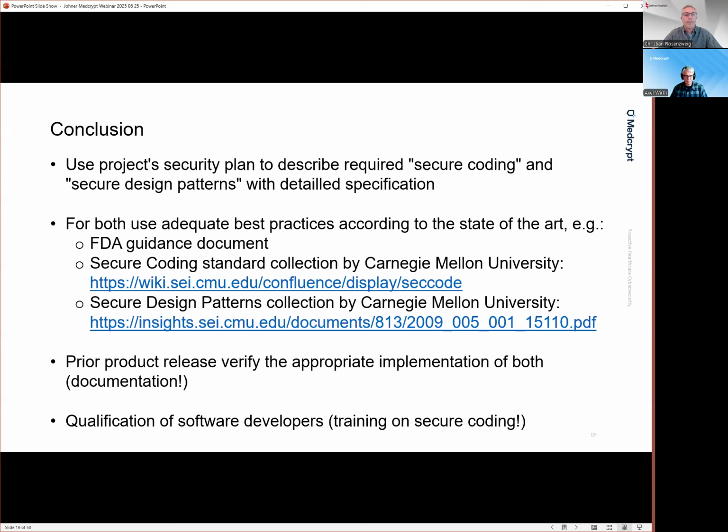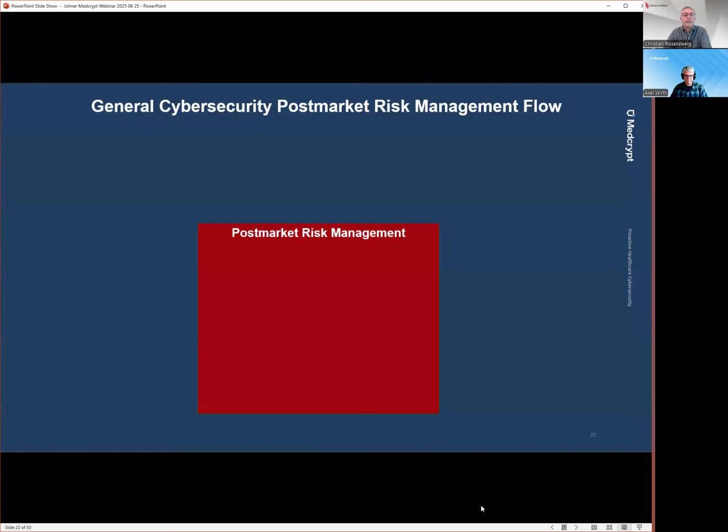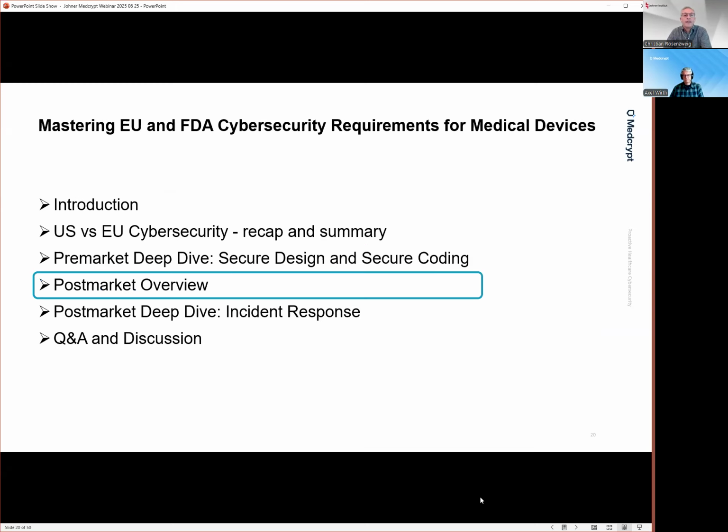Okay. So my conclusion, use a project-specific security plan to describe required secure coding and secure design patterns with detailed specification. And that is very important because, as we saw later on, you have to verify whether those secure coding and secure design pattern requirements were really implemented. And so you need a specific requirement for that.